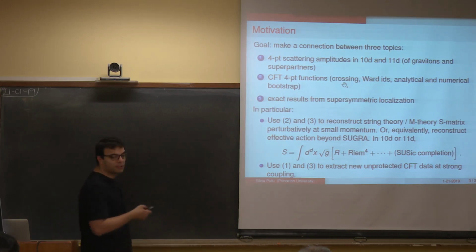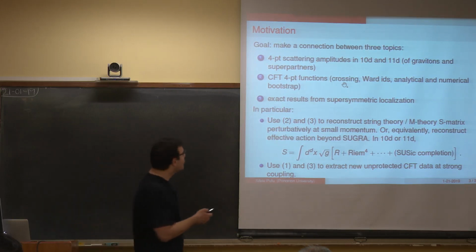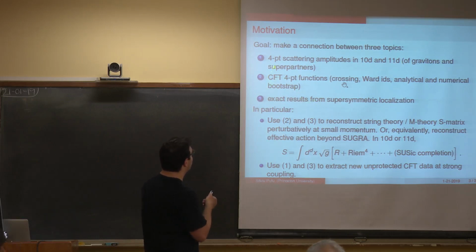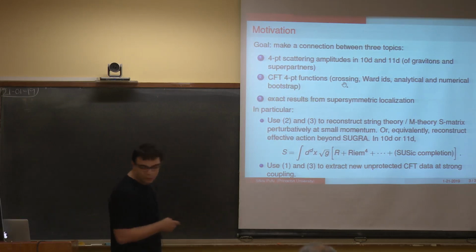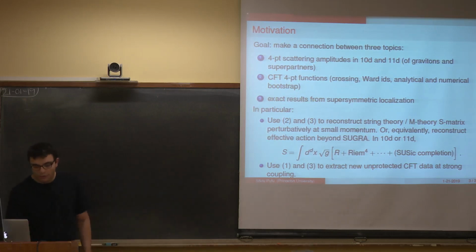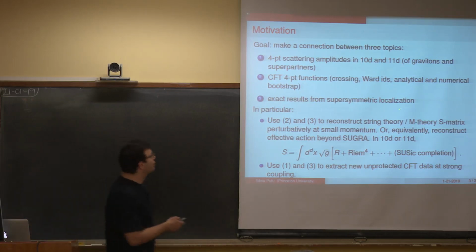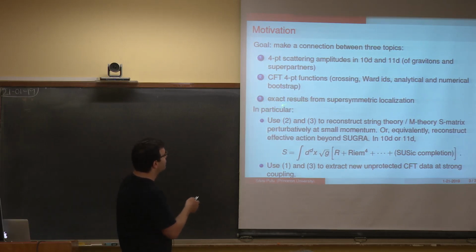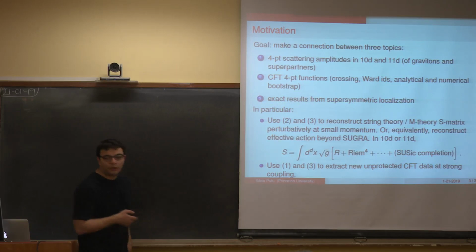In the 10D case, it's the same, or you could also think about them as the massless closed string states. The second topic is conformal field theory 4-point functions with their various properties: crossing symmetry, Ward identities, analytical and numerical bootstrap.